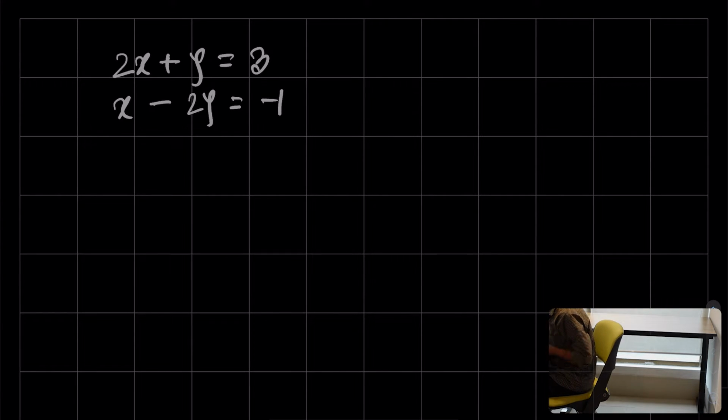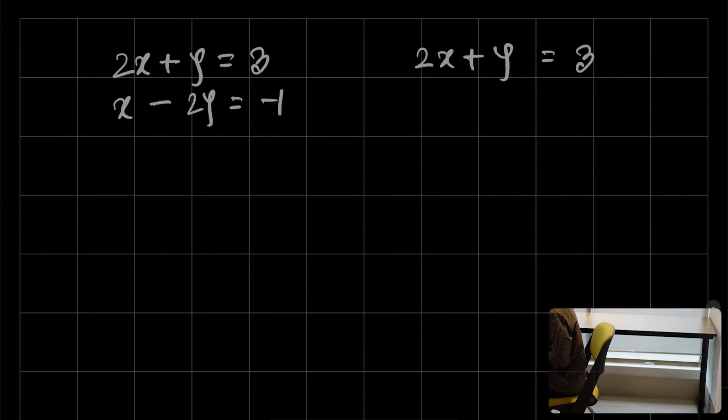If you do that, you are going to find that 2x plus y is equal to 3. And if I multiply the second equation with 2, then it will be 2x minus 4y is equal to minus 2.